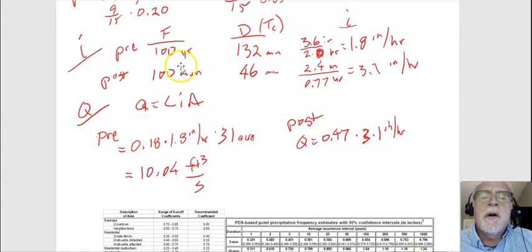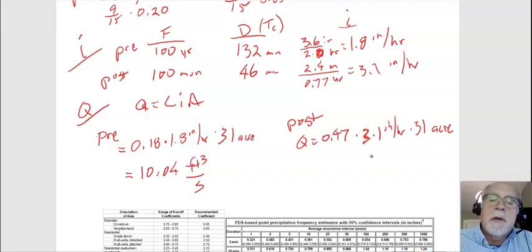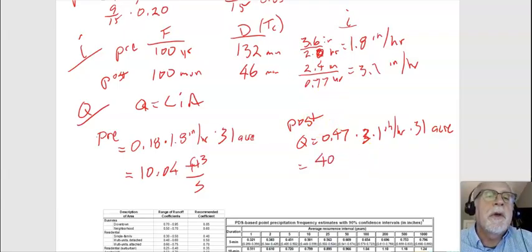No, it doesn't rain harder. We're doing this for a shorter period of time. So shorter duration is higher intensity. And that, again, times 31 acres equals, let me check that, 41.5 cubic feet per second.